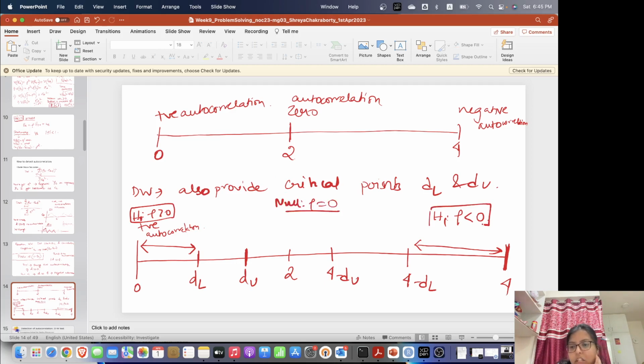So we are going to reject null and conclude H1 in this region. Same here, we would reject null and conclude. If something falls in this region, then we do not reject null. But if something falls within this region, one second, I'll draw it in a separate color.